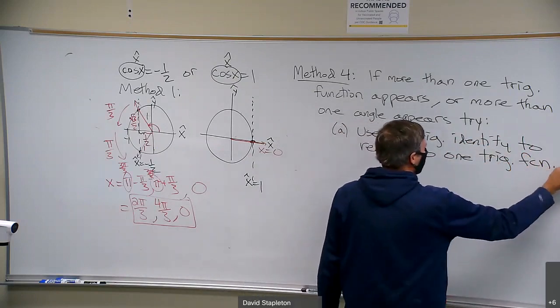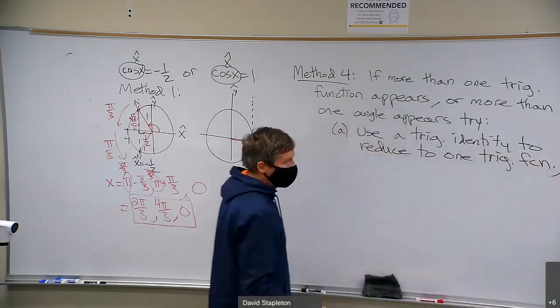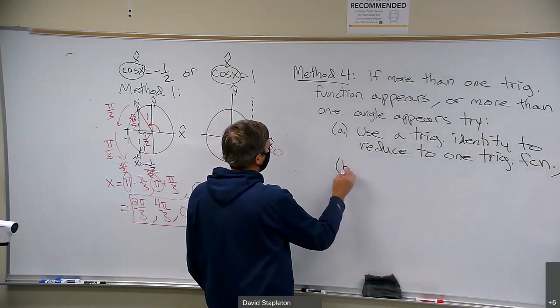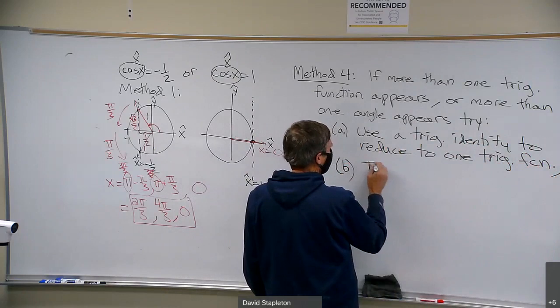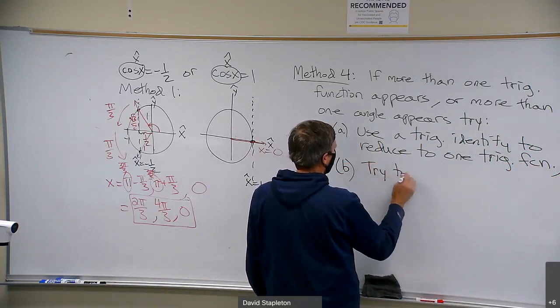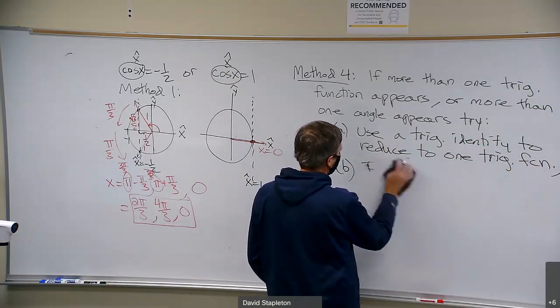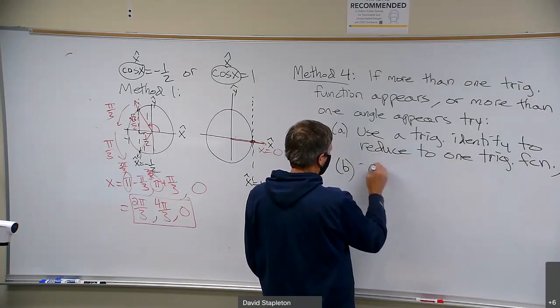Or once in a while, this other one occurs. It's probably the least likely, but it'll probably be on your test, right? Just try to factor. Put 0 on one side, I guess I should say first. Put 0 on one side.